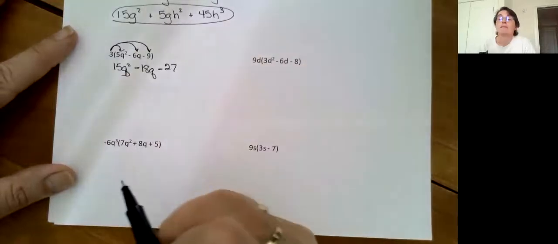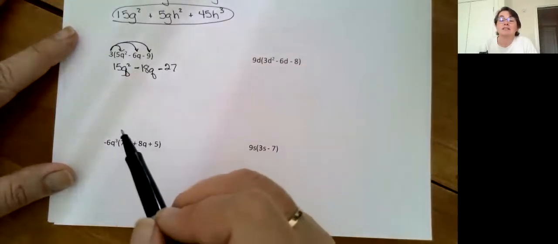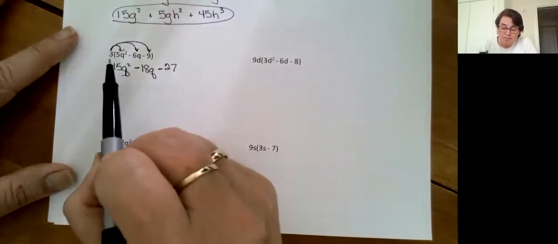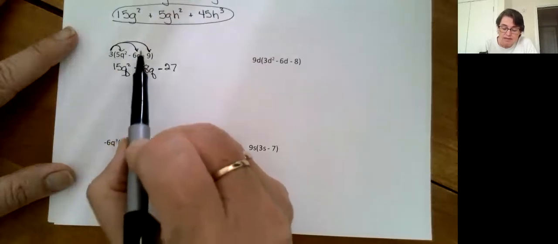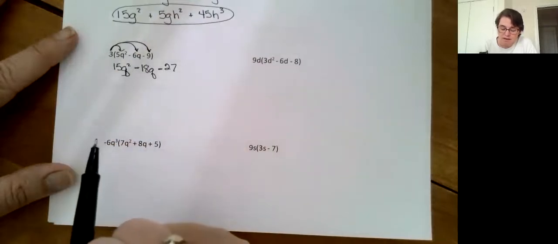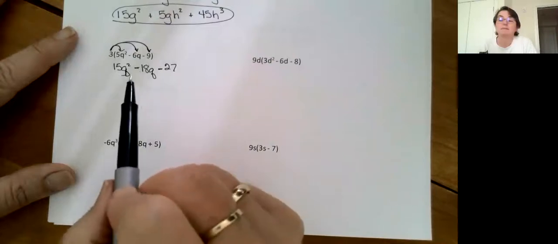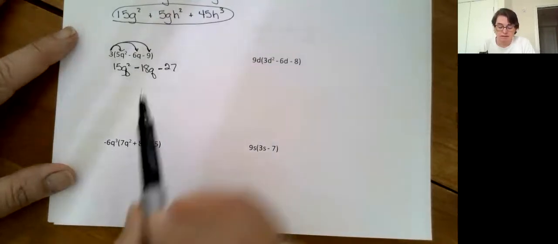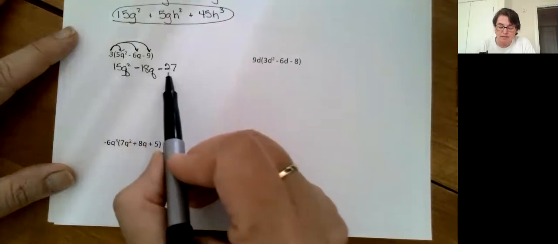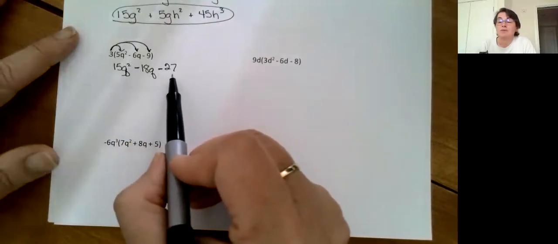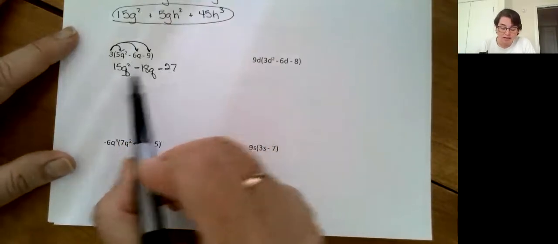One thing you can do, since I screw up signs all the time: if this is a positive out here, then my signs are going to match. They're going to come down just the way they are. So if you struggle with signed numbers, it's a quick check.